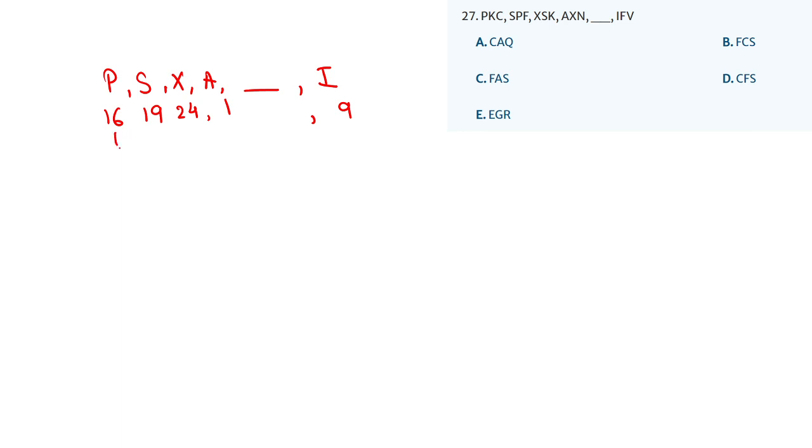If I see the pattern, the increase is +3, +5, and after 24 they have written 1, but how can 1 come after 24? Can anybody guess?